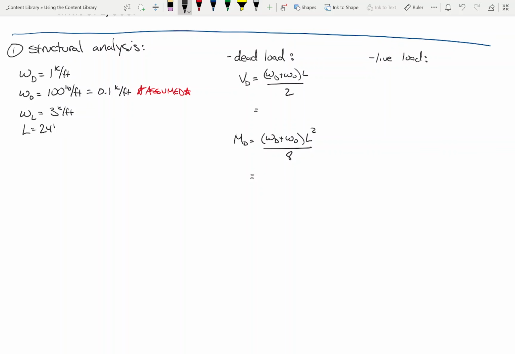So this is going to be 1.1 times 24 over 2, so 1.1 times 12. That ends up being something like 13.2 kips. And this is going to be 79.2 foot-kips. Do that. And then our live load shear, that ends up being 36 kips.